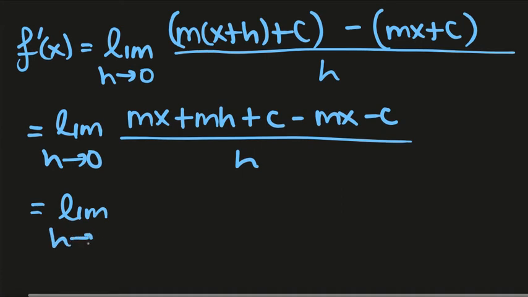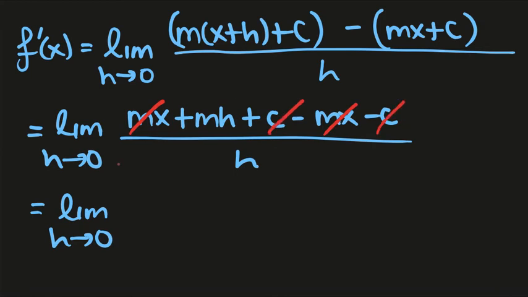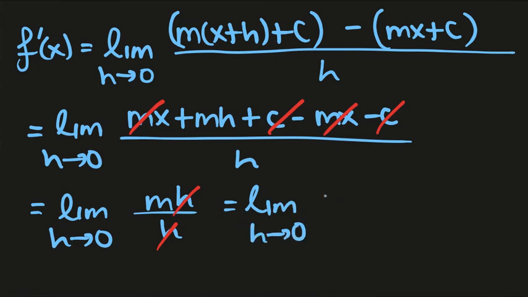Now observe that the mx's cancel, the c's cancel, and I get mh over h. Now the h's cancel, and so I have the limit as h tends towards 0 of m, but this is independent of h, so we get m. And that's exactly what we'd expect.